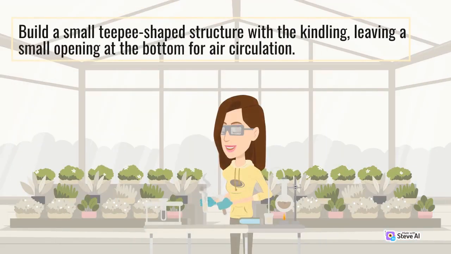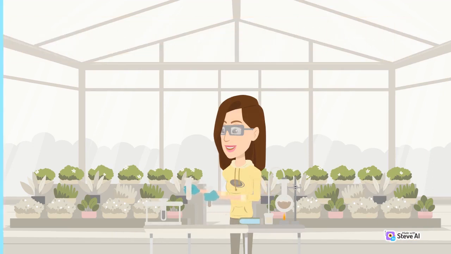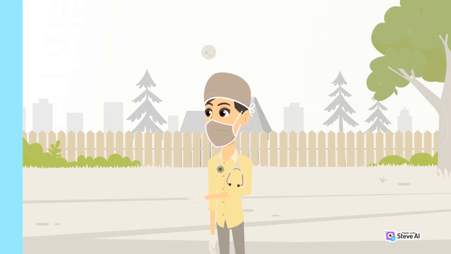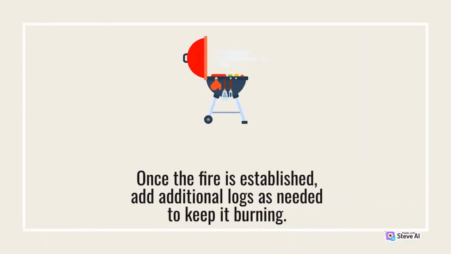Build a small teepee-shaped structure with the kindling, leaving a small opening at the bottom for air circulation. Light the kindling with matches or a lighter, and blow gently on the flame to encourage it to spread to the larger logs. Once the fire is established, add additional logs as needed to keep it burning.